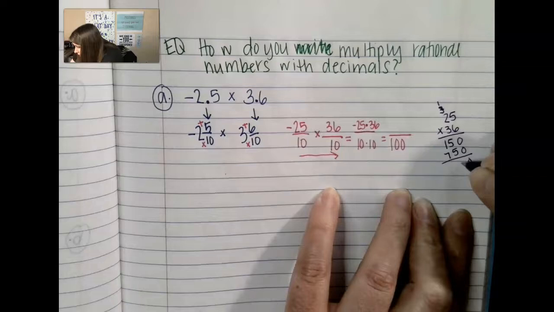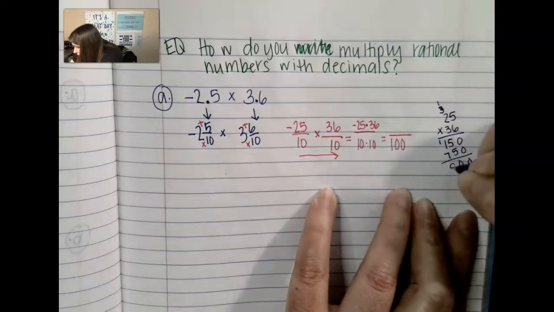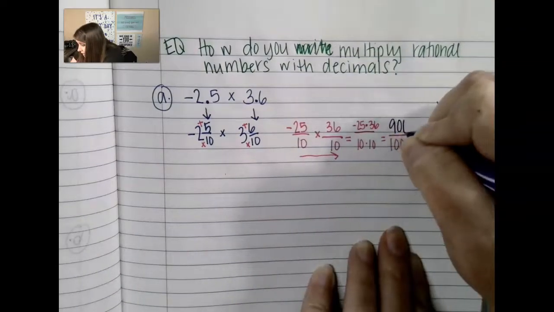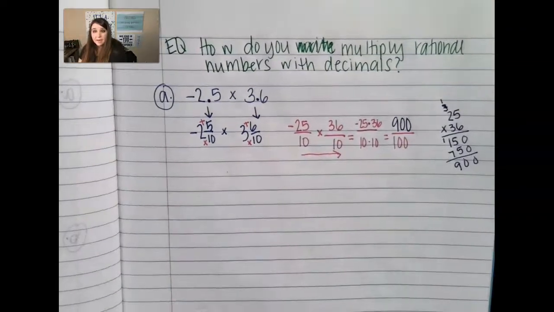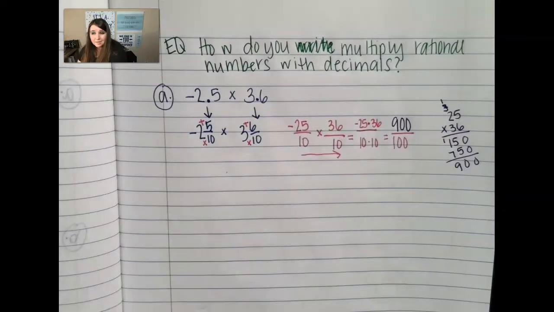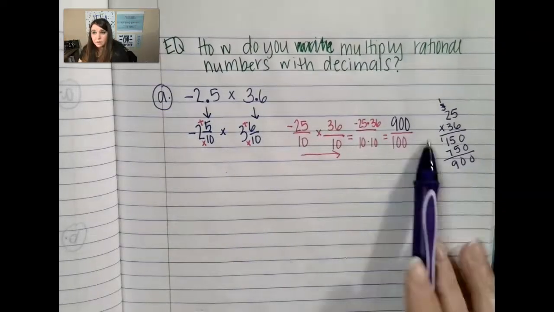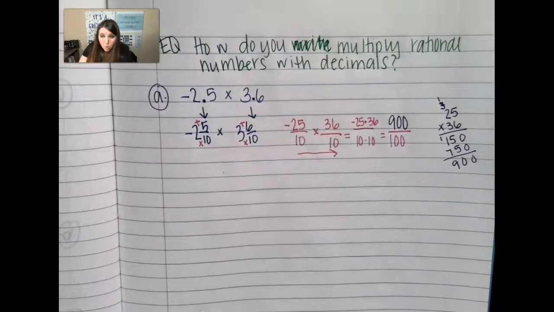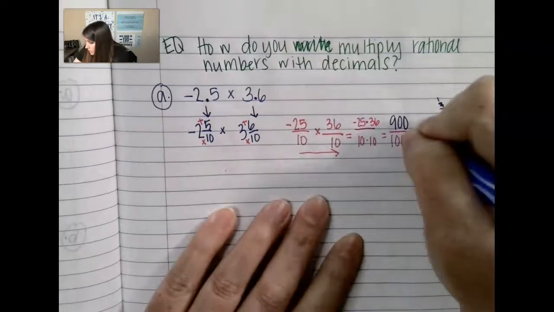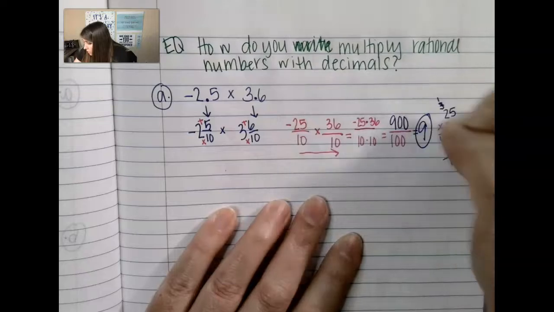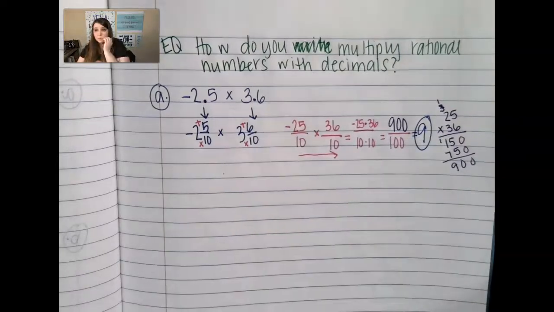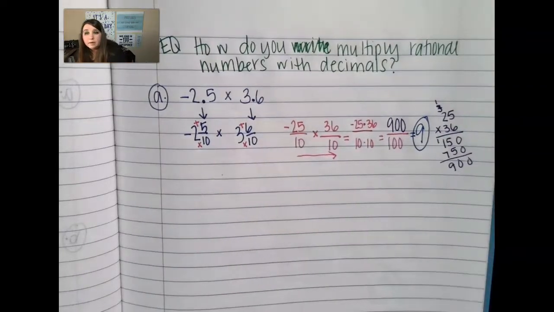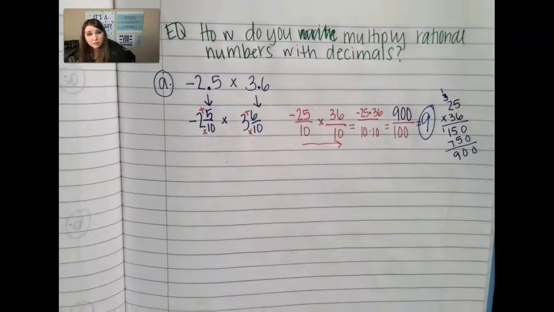So I get 900. Okay, now I want this to be in decimal form. 900 divided by 100 would give us a whole number of 9, or 9.00. Okay, so that's the way that you've been learning.